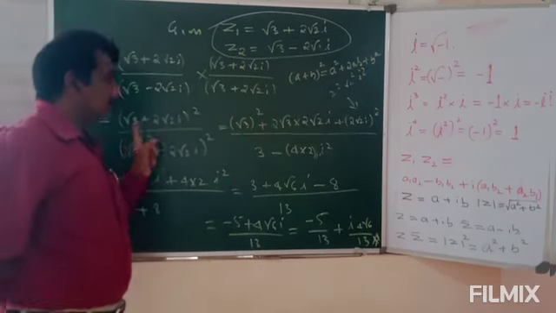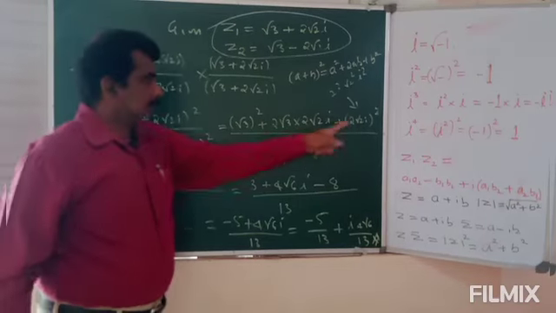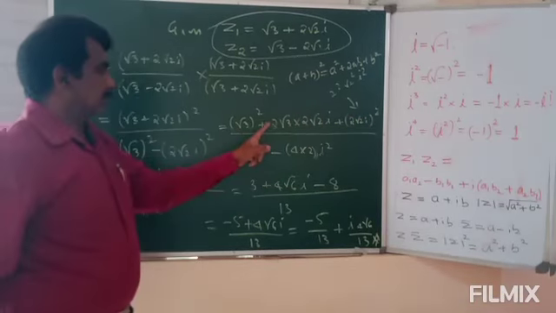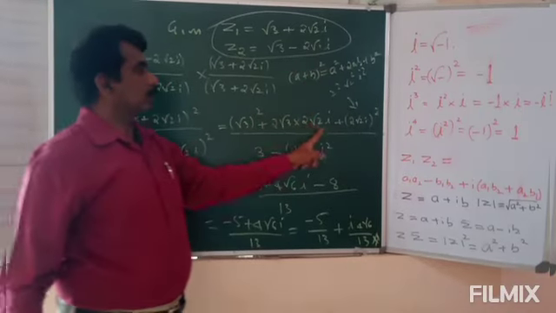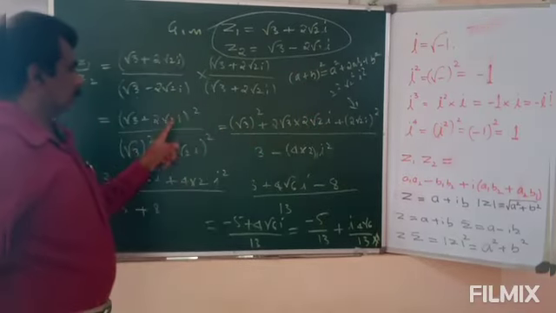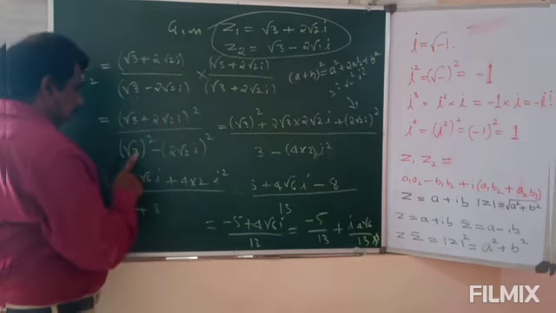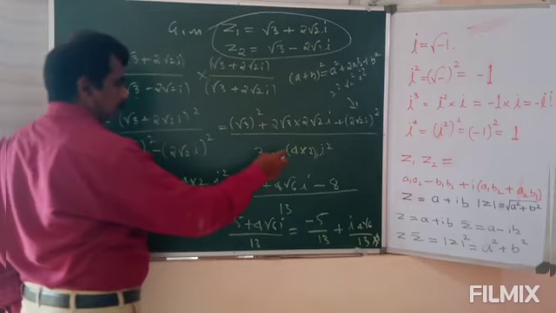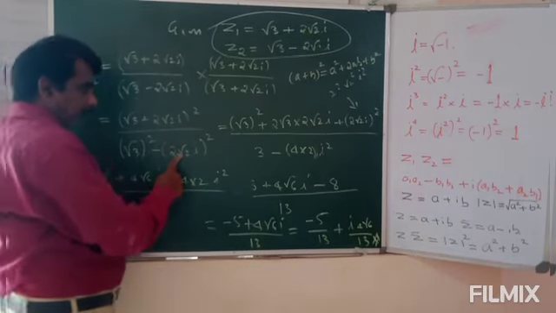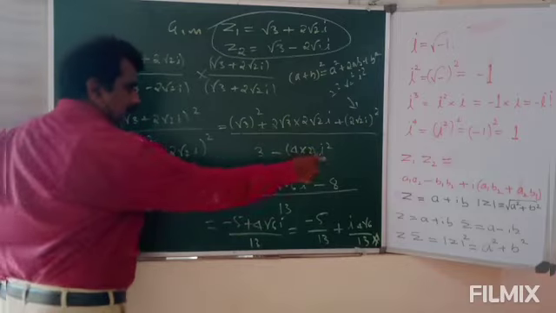Root 3. B is 2 root 2i, 2 root 2i whole square. Next, root 3 whole square is 3, 2 root 2 whole square is 2 square is 4, root 2 square is 2, 4 into 2 into i square.